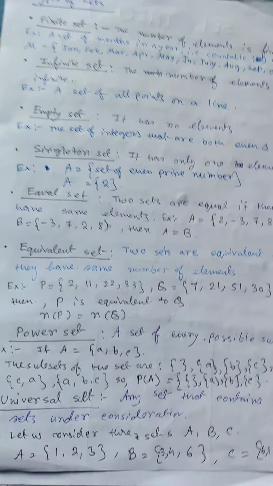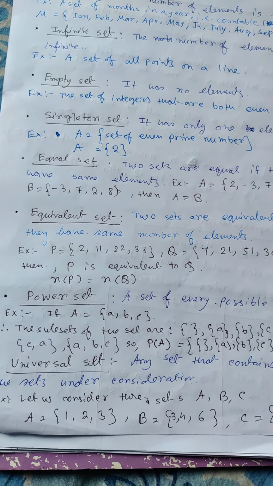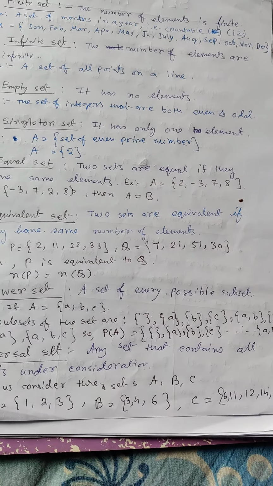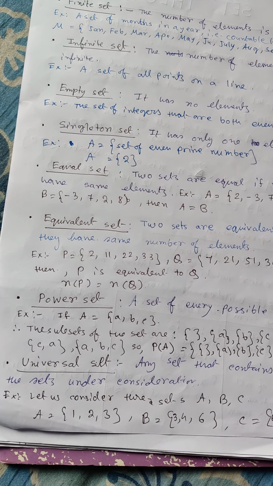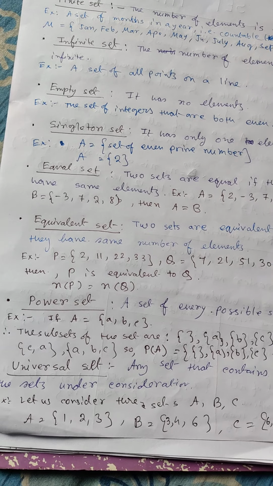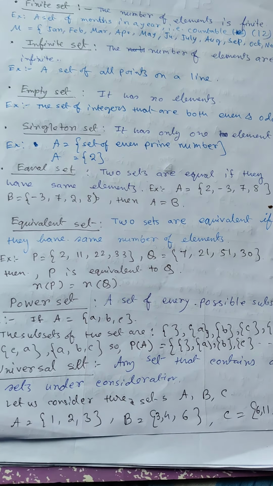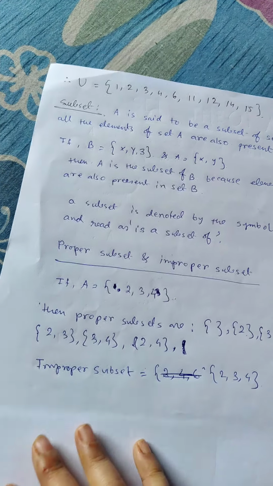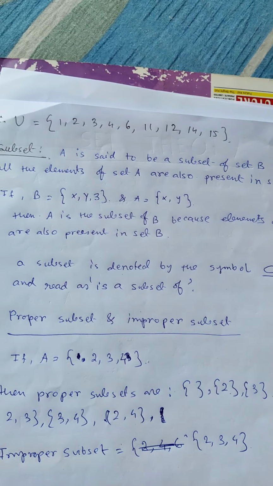Now power set. A set of every possible subset is called a power set. To understand the power set, we need to know about the subset first. What is a subset?